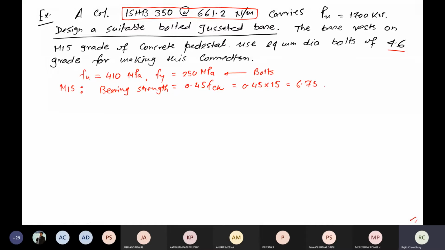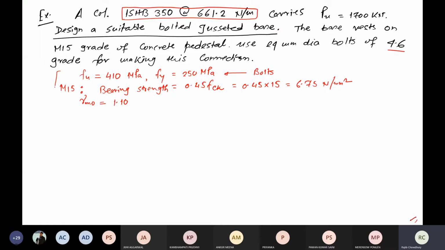Now what are the other things that we require? Gamma m0 is required here; you know already it is to be considered as 1.10.